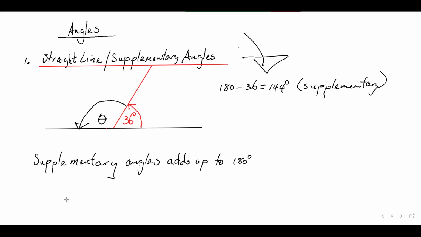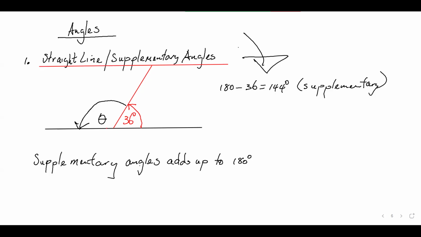That's what we looked at. The straight line, the supplementary angles, are 180 degrees, right? The two angles will add up to 180. So you're always subtracting from 180 to find the other one.